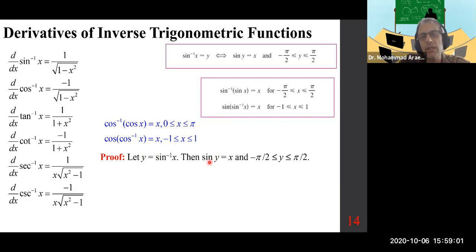Sine y, what is the derivative? Cosine y times y prime, or dy dx, equals the derivative of x, which gives us 1. So what is dy dx? 1 over cosine y.